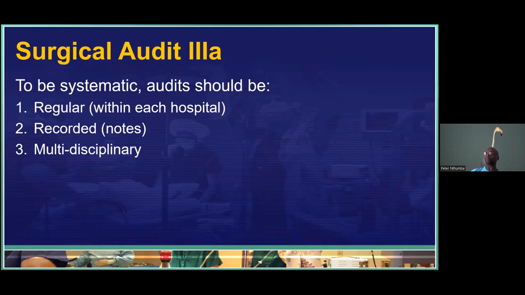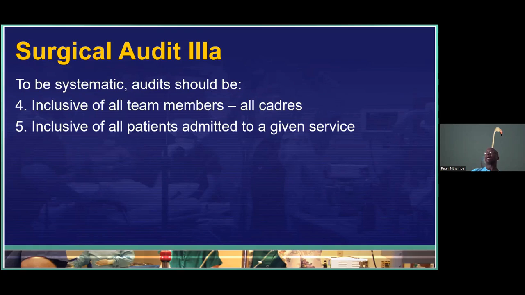Outsiders outside the department are more likely to look at us with fresh eyes and see where our faults or our strengths lie. To be systematic, they should be inclusive of all team members. That means every member of your team, including the scrubs, the nurses, the anesthesia, the ward nurses as well, ward staff. They should all be members of the entire patient journey through the hospital.